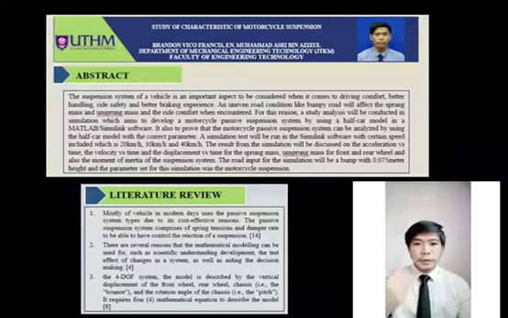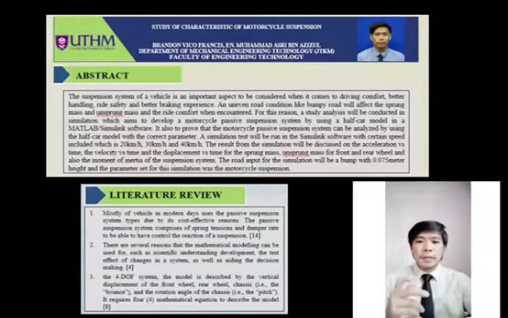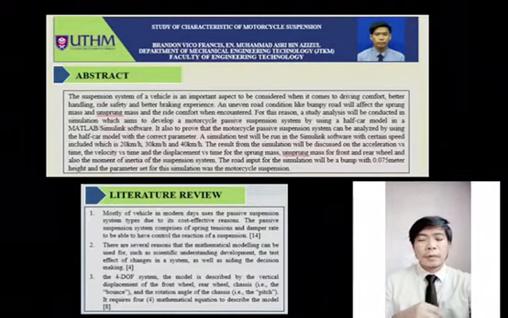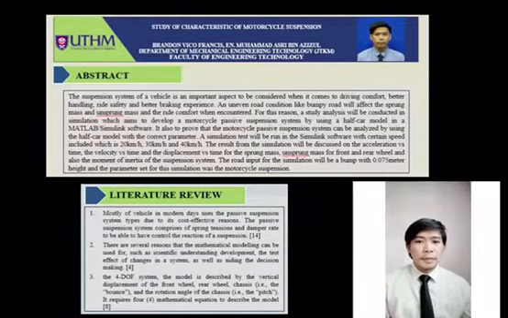So for the literature review for this project, the main focus would be the passive suspension system and also the degree of freedom for the half-car model. Okay, so what is the passive suspension system? It is the most common suspension system used in the field of automotive that includes the motorcycle.